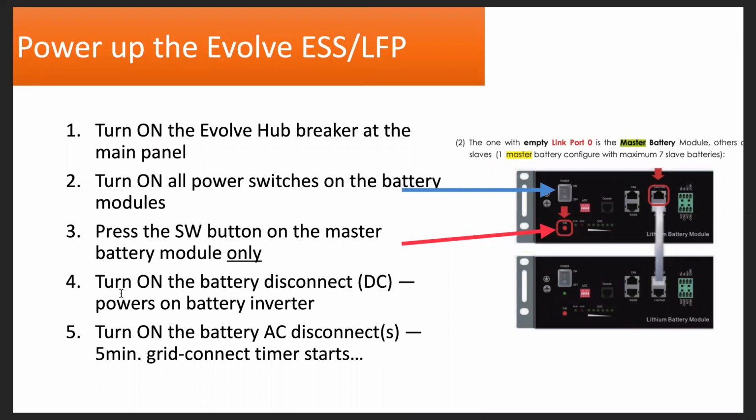Next, you would turn on the battery disconnect, the DC disconnect, which powers on the battery inverter. After that, you turn on the battery AC disconnect, one or more, at least the grid side one, will apply grid voltage to the Evolve, and the 5-minute grid connect timer starts.